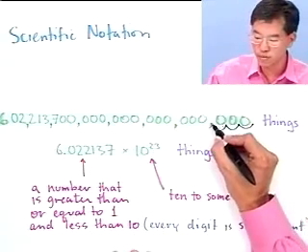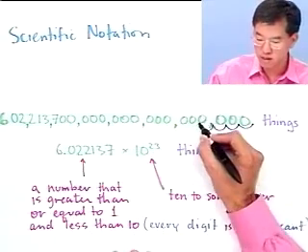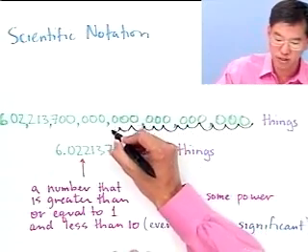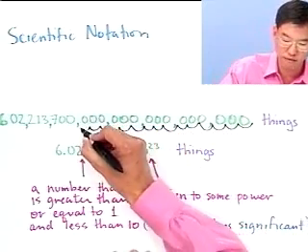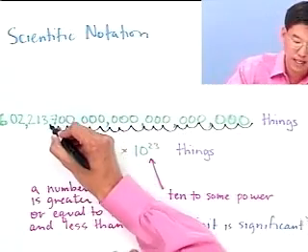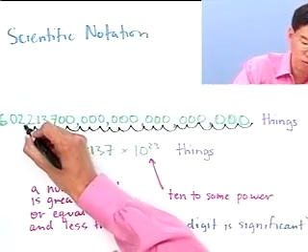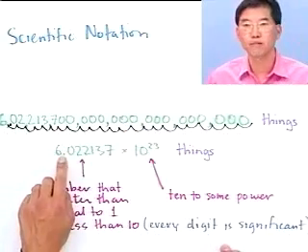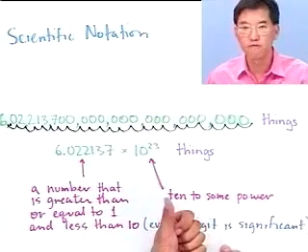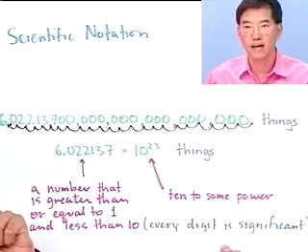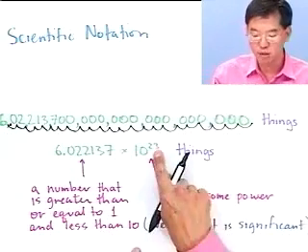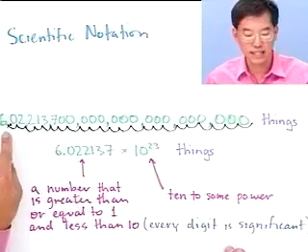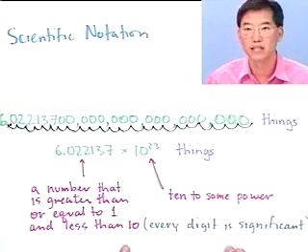Counting 1, 2, 3, and so on up to 23, in order to get the decimal point between the 6 and the 0, we have to move the decimal point 23 times to the left. And this 23 tells us how many places we had to move it in order to get it into what we call exponential notation.